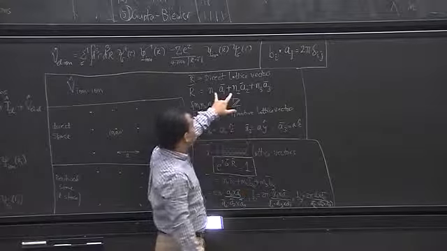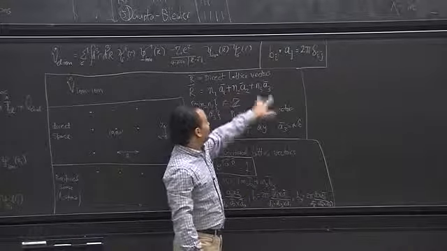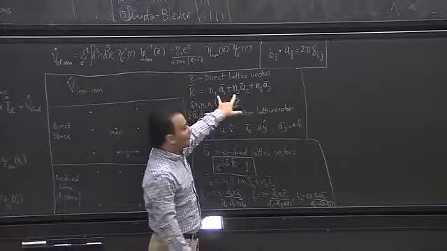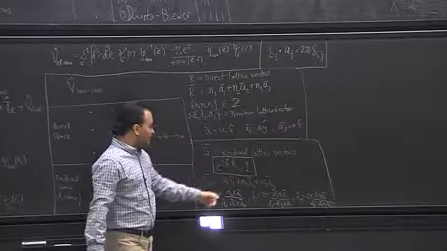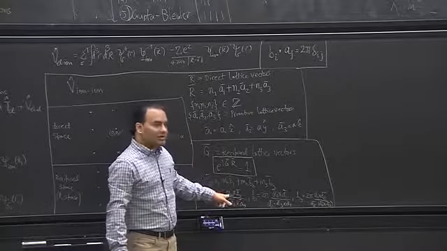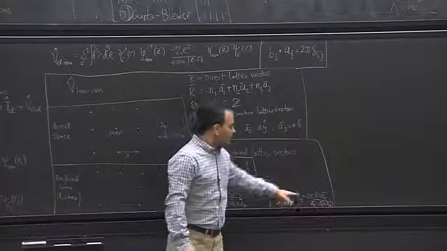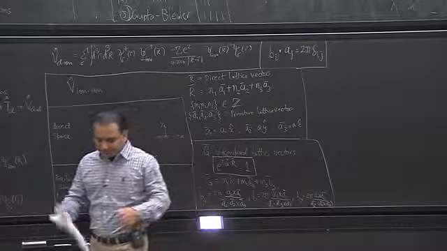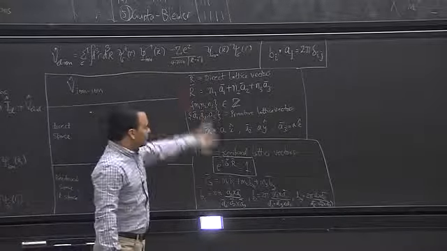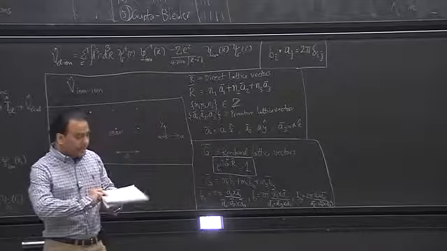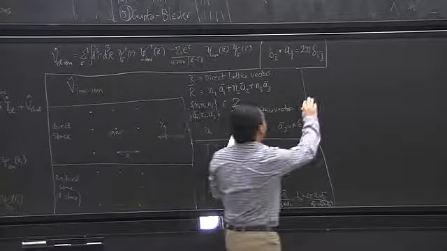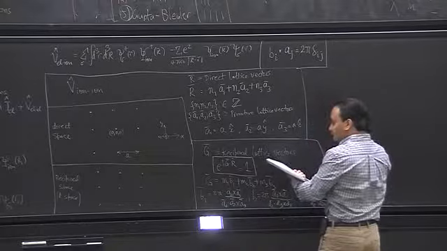Similarly, B2 is chosen so that it's orthogonal to A1, A3, B3 orthogonal to A1, A2. This you can directly see in this formula. B1 is cross product of these two, this is cross product of these two, and so on. So it's very easy to verify this using these formulas. So this we are going to use repeatedly in the course.